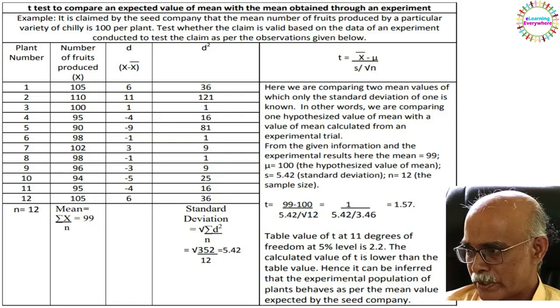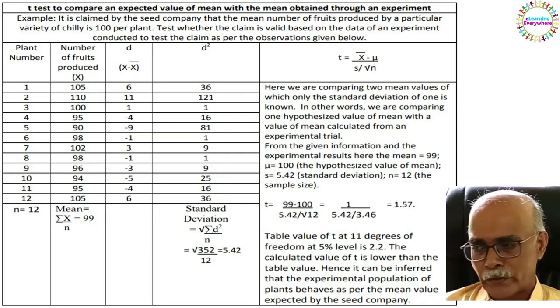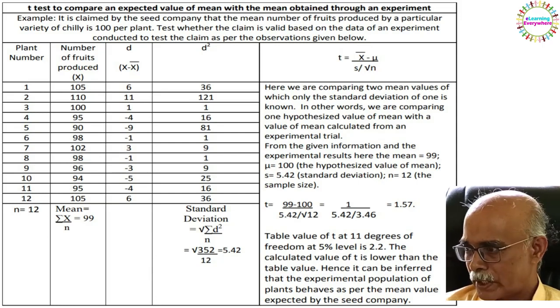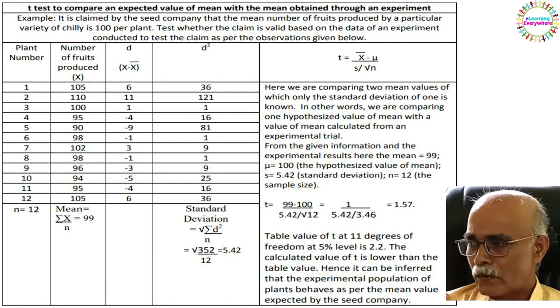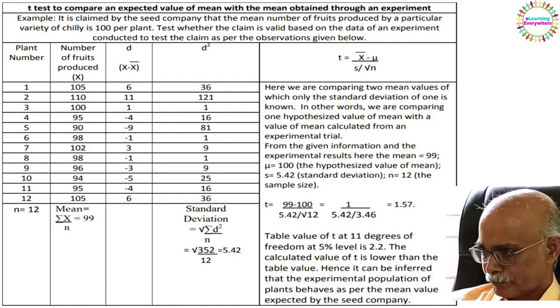The formula of standard deviation is square root of sigma d squared by n, and you get square root of 352 by 12. 12 is the n, and the standard deviation calculated is 5.42. So now you have all the values.